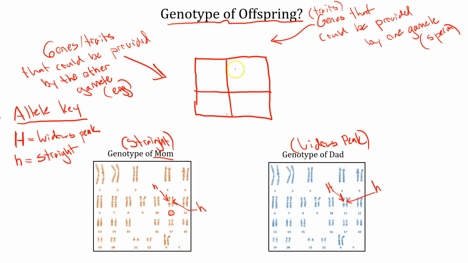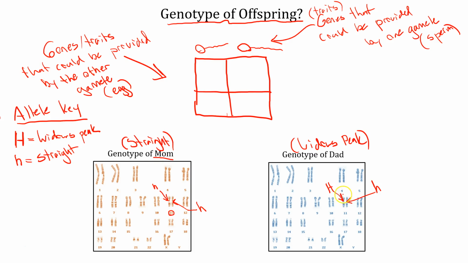So when sperm are being produced by dad, that sperm can inherit either a big H or a small h. It all depends which side these chromosomes lined up on in metaphase 1, because that determines where it goes.